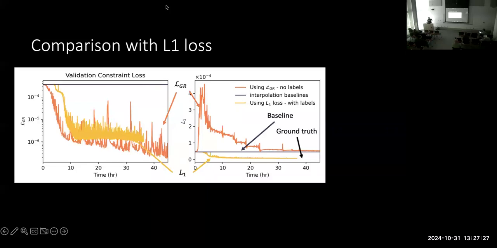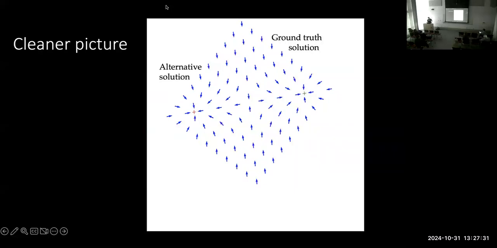So in a way, we have the following picture now. Turns out my loss has multiple solutions, and we have these two solutions. If I just have a random start, I fall into this new alternative solution that is not close to the ground truth.